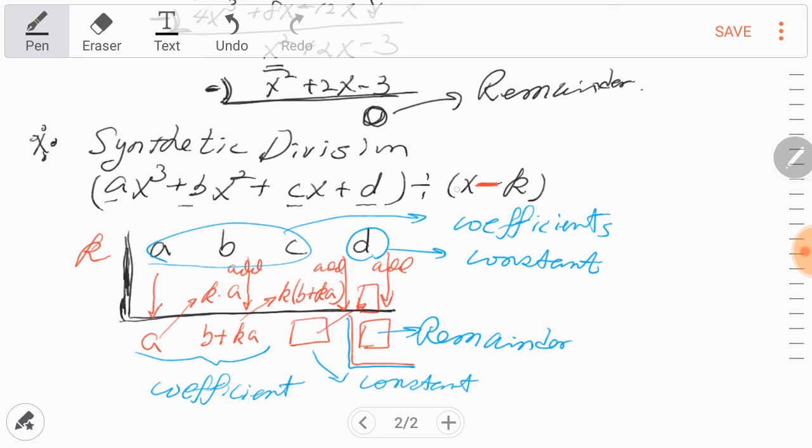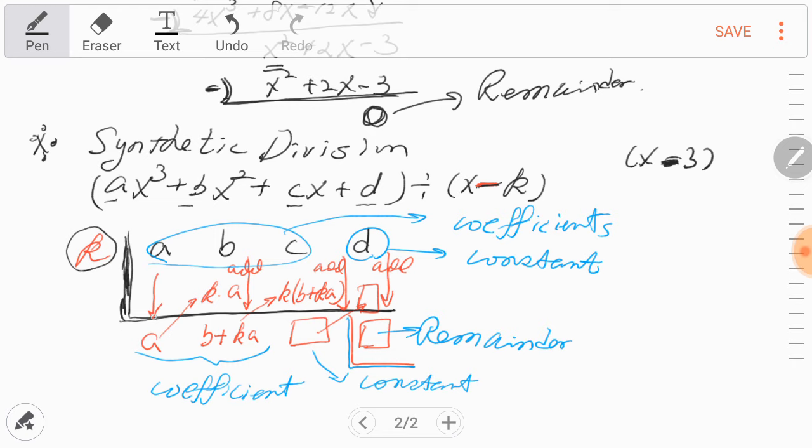And then divide by x minus k, where k is this number. If the divisor is x plus 3, then write down 3 here. 3 on the left, not negative 3. Change the sign of positive 3, so the negative 3 will be over here. And then first bring the first coefficient a down.